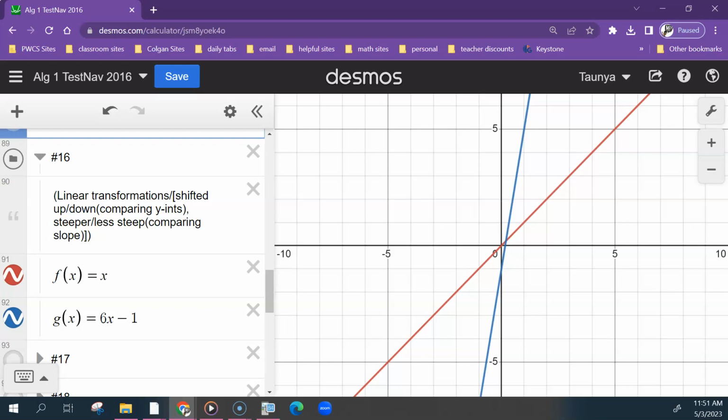For the second one, it's talking about the slope. Slope is steepness. If you're comparing the slopes, it was 1, now it's 6. 6 is bigger than 1, so it is steeper. So Desmos will help you see that, but you'll have to know that stuff too.